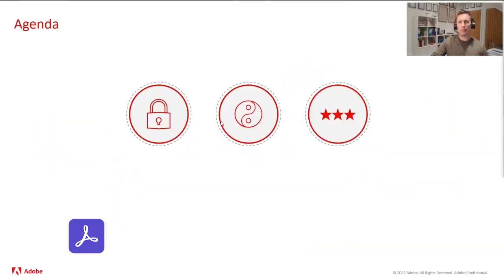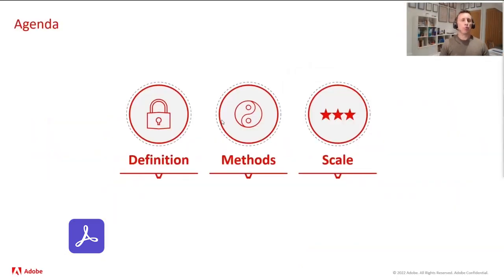So let me show you the slides with the agenda, and I will explain what I have prepared for today. First, I'm going to go through some definitions. I know that most of you don't like definitions, so I'm going to keep that section brief. And then I will be talking about methods. Obviously, we will start with the password protection. I will tell you about alternative methods that will allow you to secure PDF documents better, and about other tools that are security related in Adobe Acrobat Pro Toolkit.